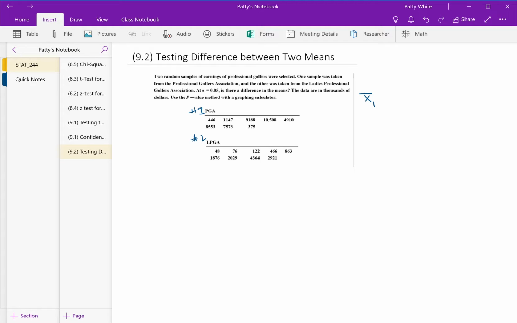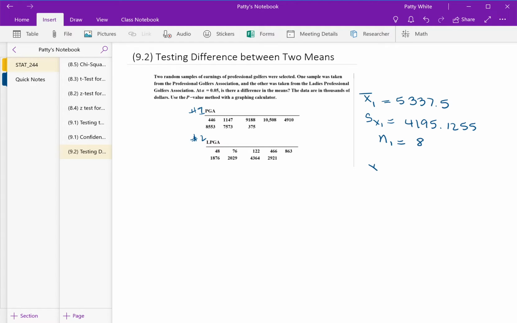So X bar for my first sample, I end up getting 5,337.5, and then for my S of X1, I end up getting 4,195.1255, and then my sample size for the first sample is 8.